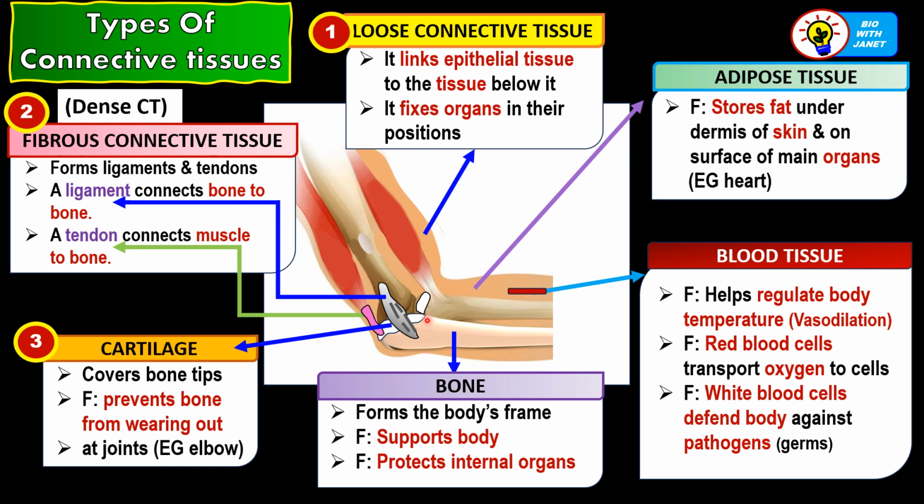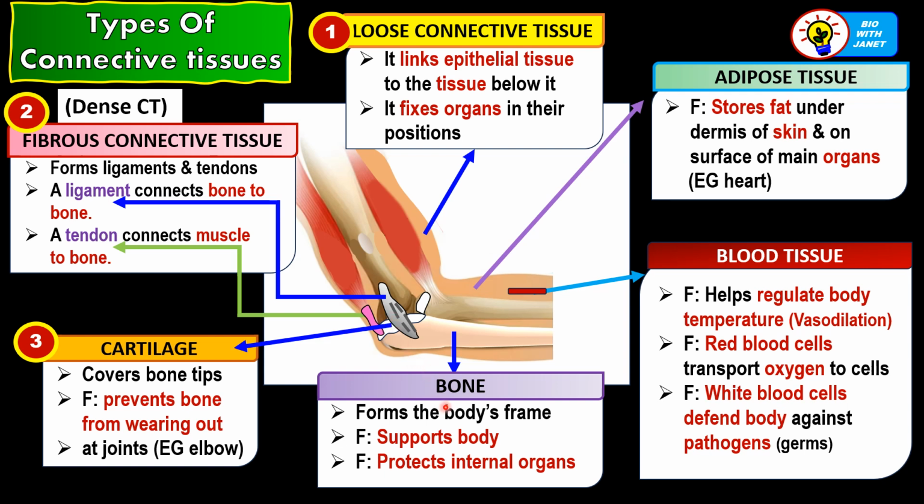That is the cartilage. Okay, so why do they cover the bone tips? To prevent the bones from wearing out at the joints, especially during movement. Furthermore, that means the cartilage protects the bones, and also cartilage is smooth. It's a smooth type of tissue, so it will reduce friction at the joints here.